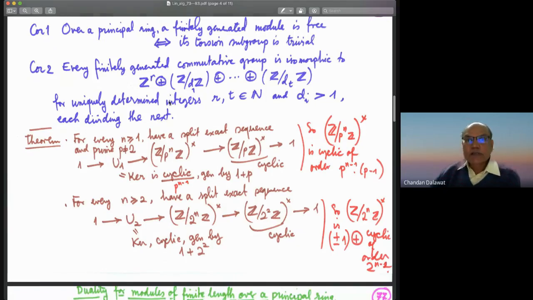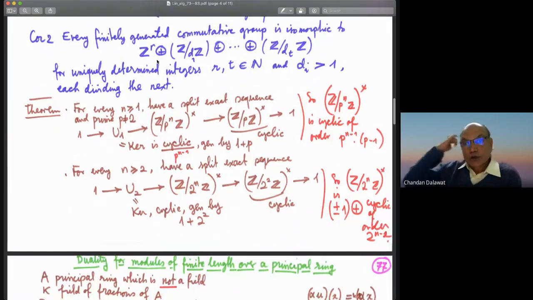And the second corollary is when you apply the theorem to the ring Z, which of course is a principal ring, the first example of a principal ring. And Z modules are really the same thing as commutative groups.